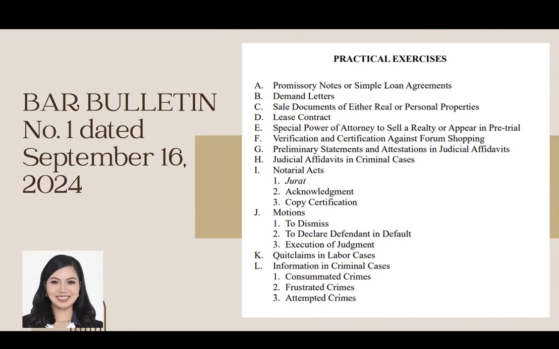You need to know the difference of jurat, acknowledgement, and copy certification. Okay. Letter J, motions to dismiss, to declare defendant in default, and execution of judgment. Letter K, quit claims in labor cases. And lastly, letter L, information in criminal cases for consummated crimes, frustrated crimes, and attempted crimes.